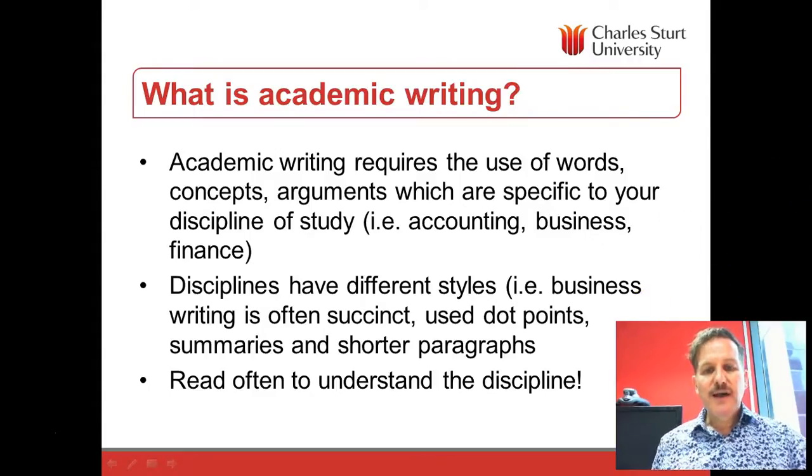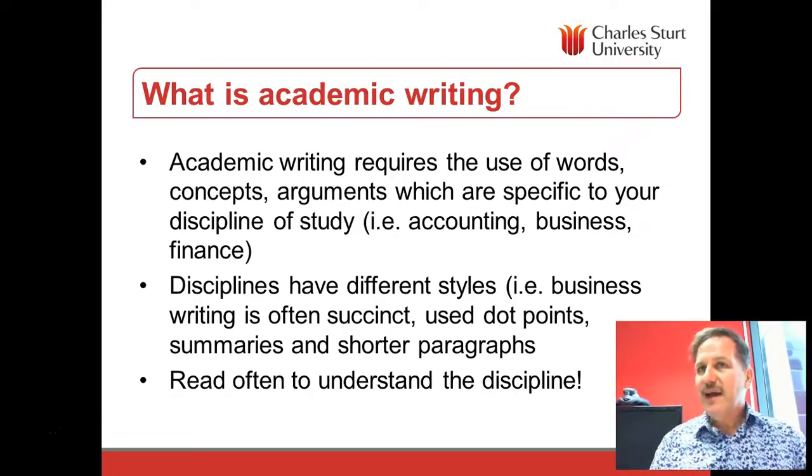Academic writing requires the use of words, concepts, and arguments which are usually specific to your discipline of study, i.e. accounting, business, finance, IT, or economics. Disciplines have different styles of writing, i.e. business writing is often succinct. It uses dot points and summaries and shorter paragraphs.